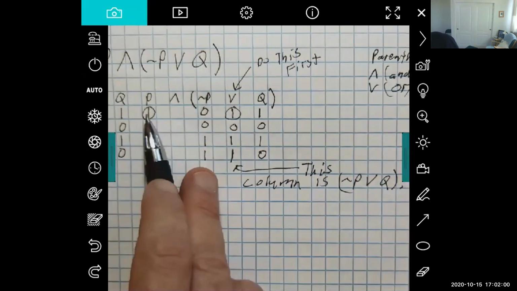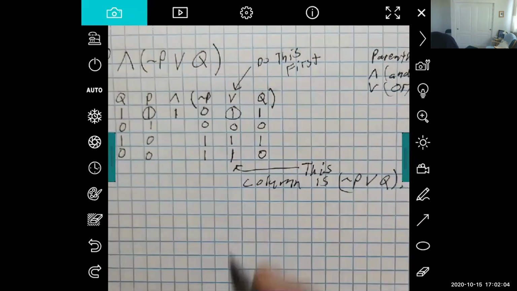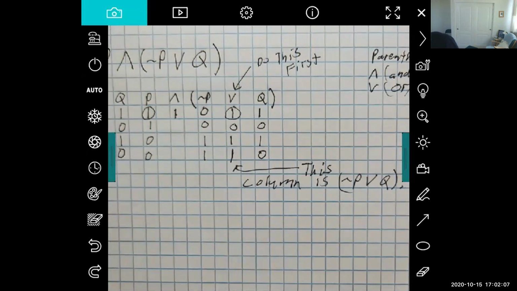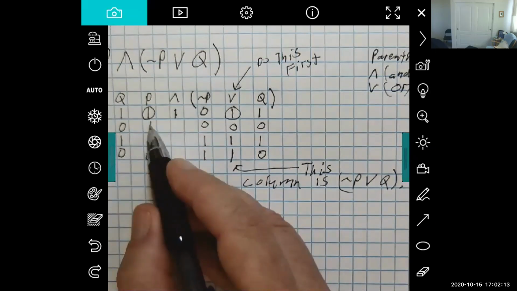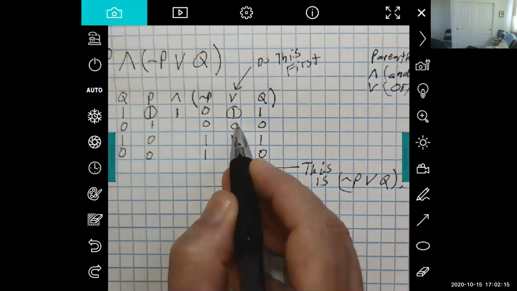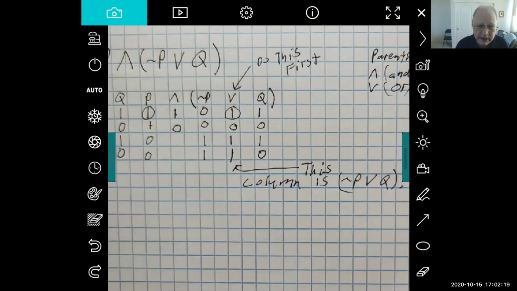So do 1 and 1. So 1 and 1 is 1. And I do the 1 and the 0. 1 and 0 is 0, because they would both have to be true in order to get true. They both have to be 1. And so the other ones here are zeros.